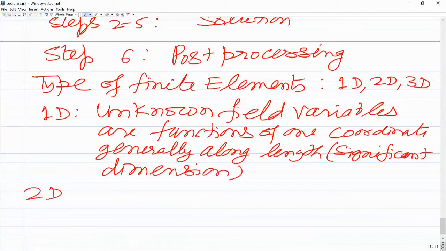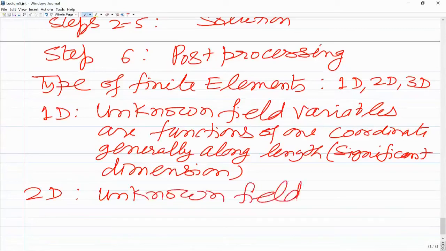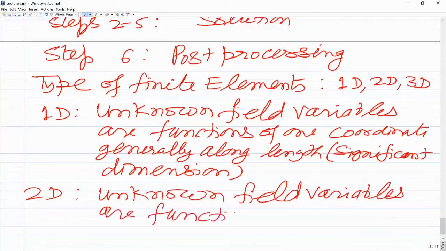Then 2D elements. 2D elements mean that two dimensions are significant compared to the third dimension. So generally the thickness is much smaller compared to the length and width, let's say. The main thing here is that the unknown field variables, the unknown displacements, temperature, fluid velocities, it could be anything, since the finite element method can be used to solve any of these problems, are functions of two coordinates.